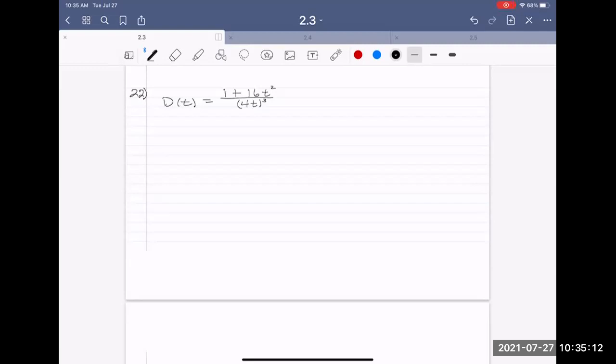In order to use a formula, it has to be in the exact form of the formula. You can't deviate from the form in the formula, or you won't be able to use it. And so let's rewrite this as 1 plus 16t squared over 4 cubed, 64t cubed.